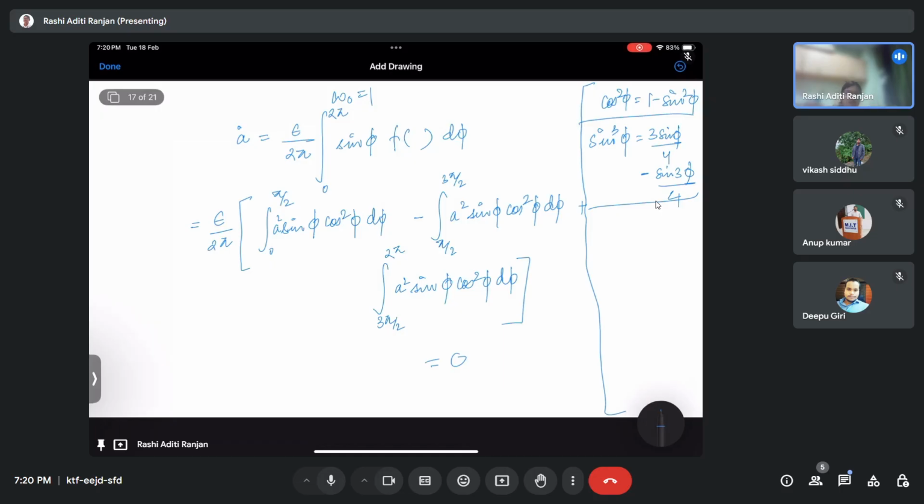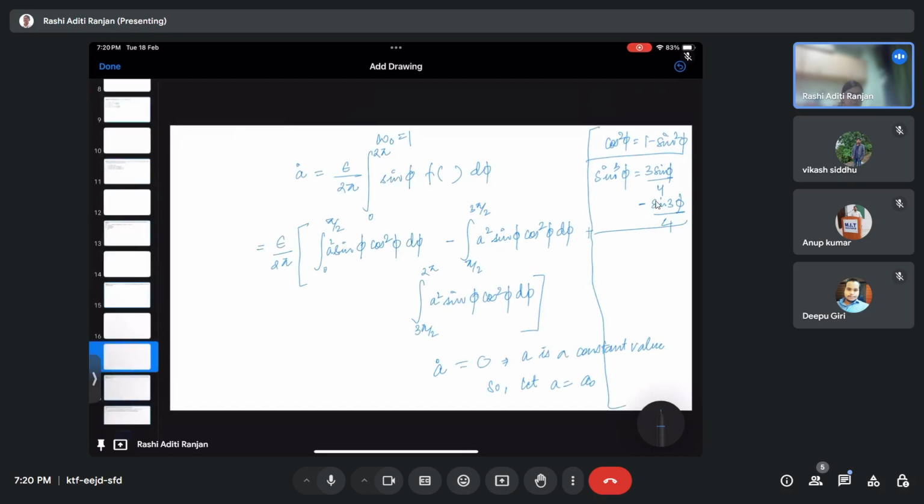So your A dot will be 0, which implies A is a constant value. Let A equal A naught, where A naught is nothing but a constant value. Now I will add one more slide.